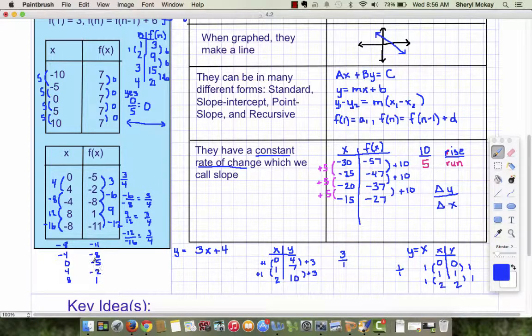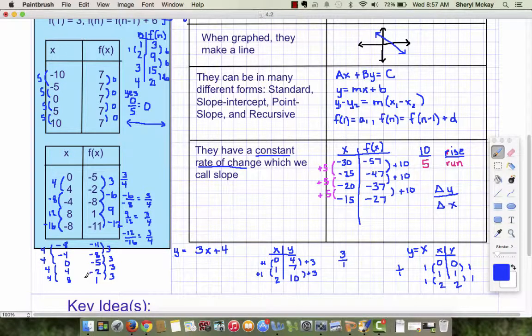Now is it all nice and neat and tidy? Well, let's look. Negative 11 to negative 8 is 3. Negative 8 to negative 5 is 3. Negative 5 to negative 2 is 3. Negative 2 to 1 is 3. Negative 8 to negative 4 is 4. Negative 4 to 0 is 4. Do you see what we found? The only problem was that our numbers were out of order.